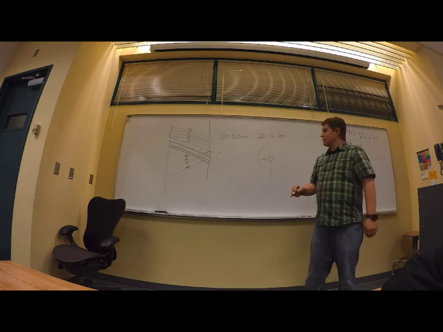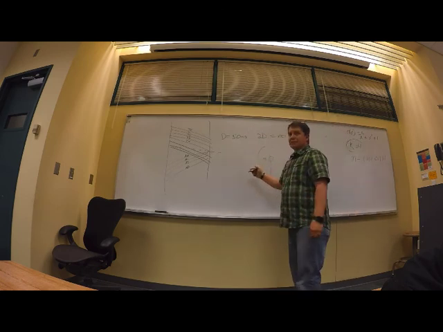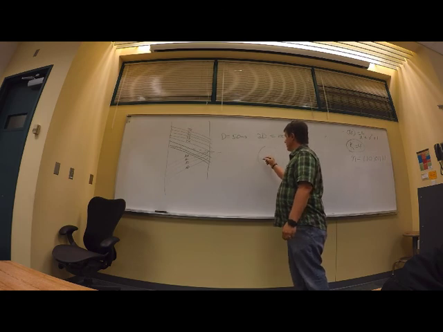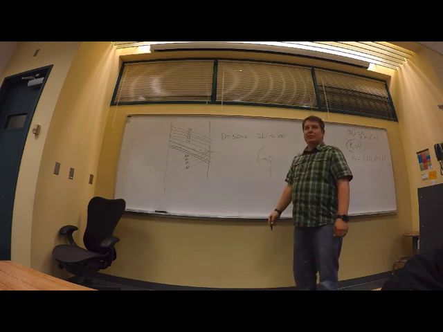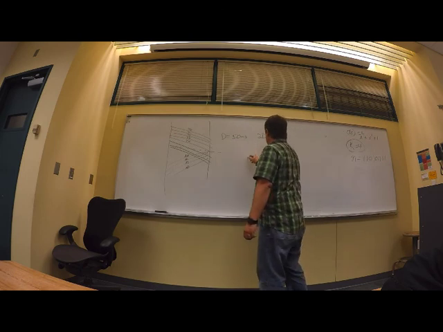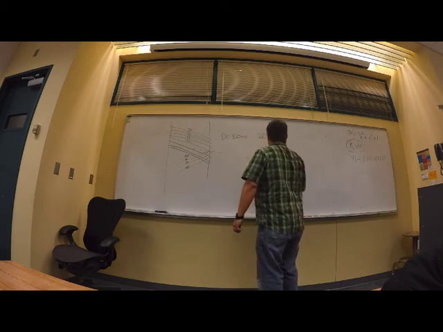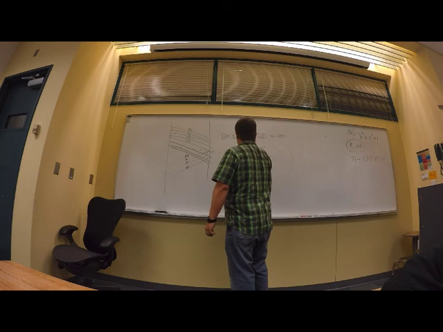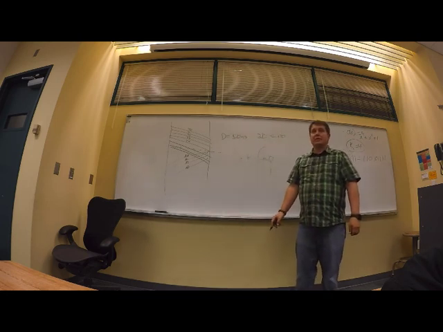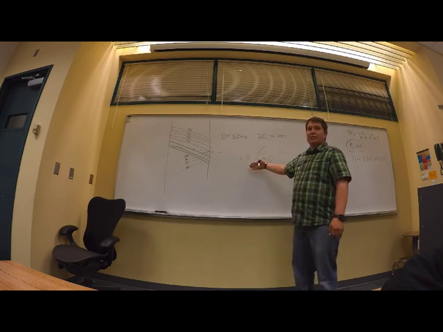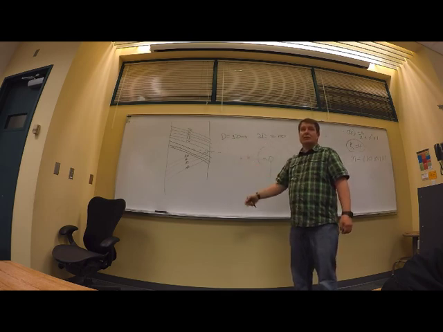So if your signal strength is X at 1 meter, at 2 meters it's what? It's 1/4 X. At 3 meters? Huh? 1/3? It's 1/9. Because you're actually dealing with the radius of a circle, or the radius of a sphere, and that is attenuating at R squared, the radius squared.